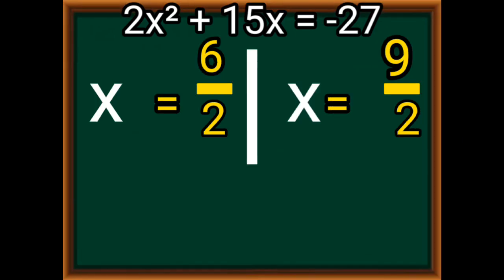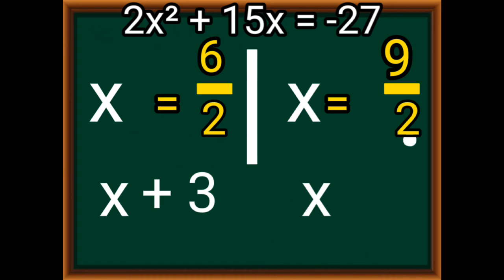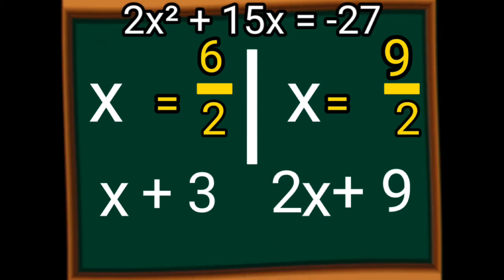So, next, we simplify. Copy the x, then 6 divided by 2 is positive 3. Then, 9 divided by 2, we do not get a whole number. So, let's put this 2 in front of x. So, our factor now is 2x, bring down positive 9. So this is what we will use: x plus 3 and 2x plus 9.